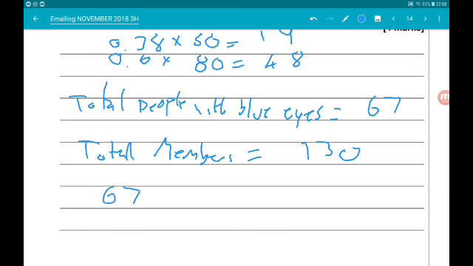Now that is 0.52 if we go to 2 decimal places. Which is greater than 0.5. Boom.